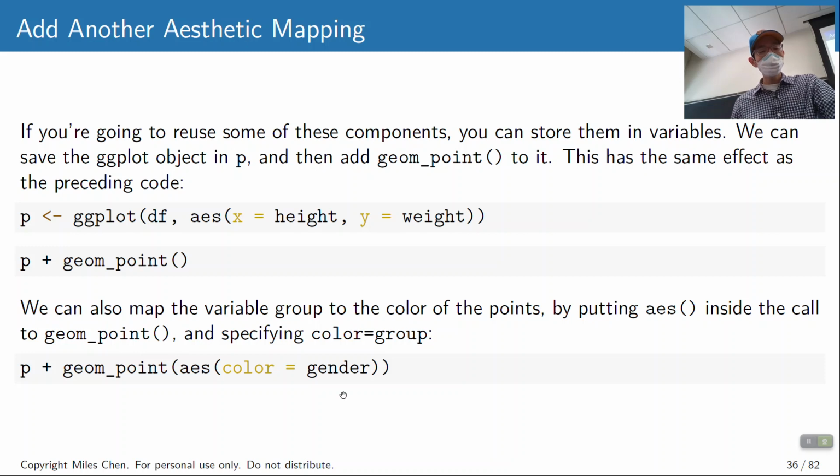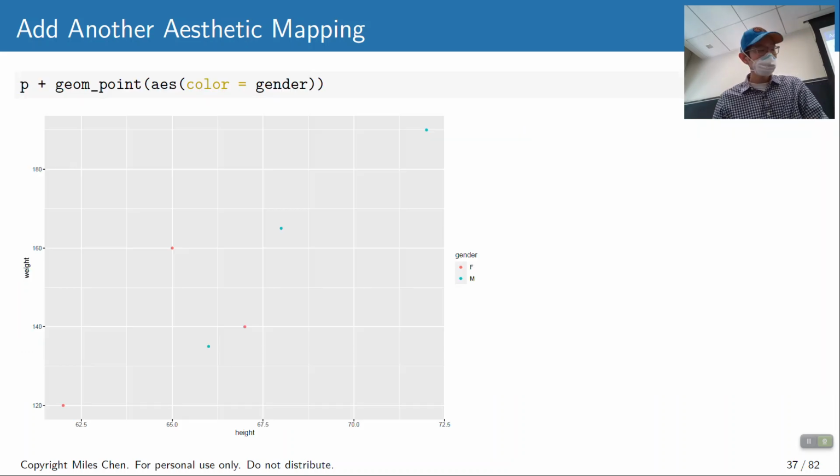I'm going to say take the variable gender and map it to the aesthetic attribute color. And so it does that. And so for the color, we've got red and blue or teal or whatever color these things are. So we have these colors represented here.